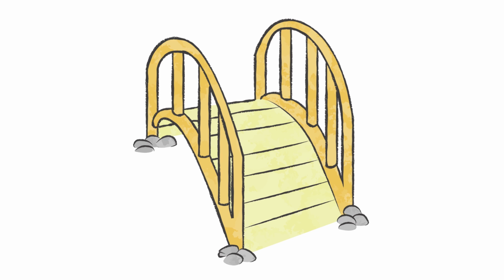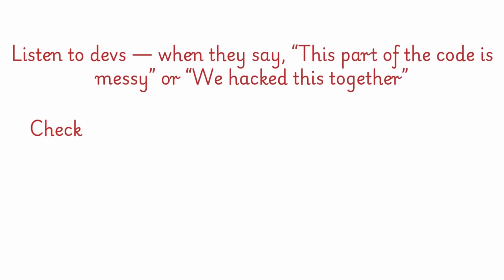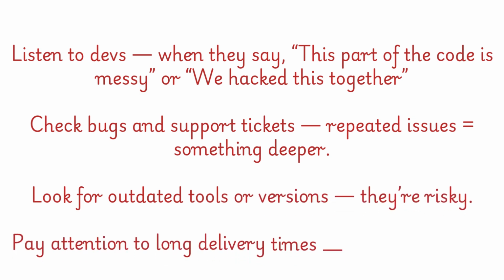Here's how you can start spotting it. Number 1, listen to developers. When they say this part of the code is messy, or we hacked this together, that's a red flag. In fact, that's a red billboard. Number 2, check bugs and support tickets.